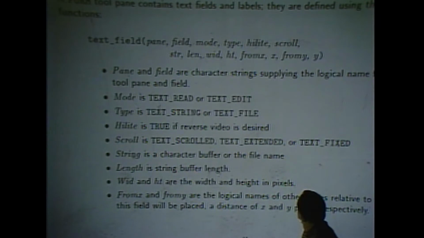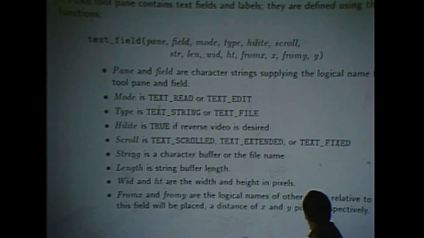All these, the namespace in which all these things live, by the way, consists of character strings, which are supplied by the application at the beginning. So you supply the name of the pane and the field, and whether the user can type into it or just read it, what its source is, minor visual aspect of whether it's highlighted or not, how it's scrolled.